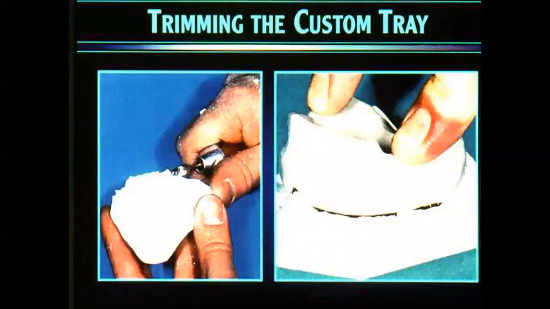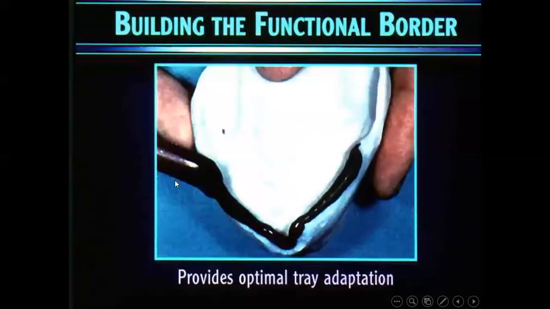Then we trim the tray with a handpiece, do finishing, and make the under-extension of the special tray. We said we under-extend the tray by 2 millimeters in order to take the final impression.